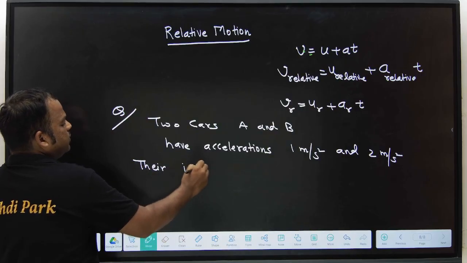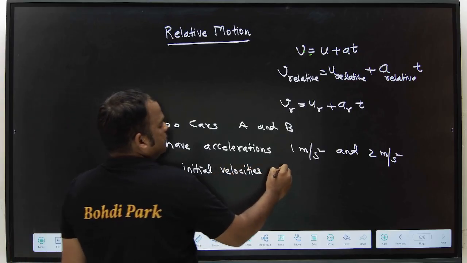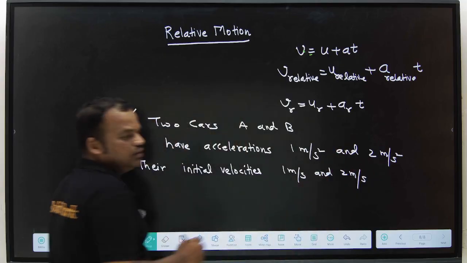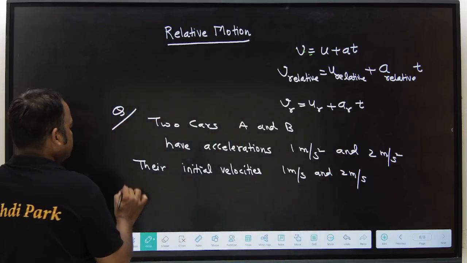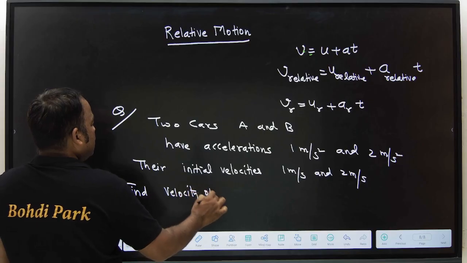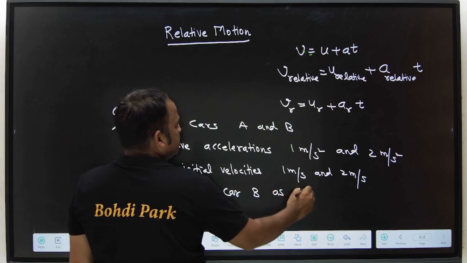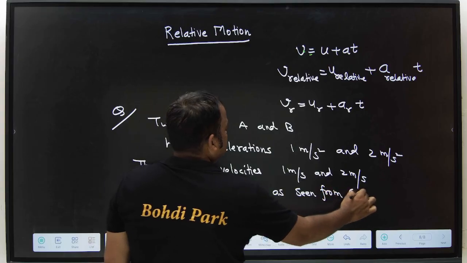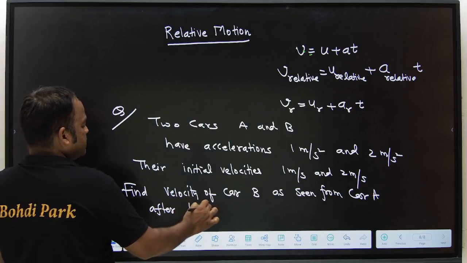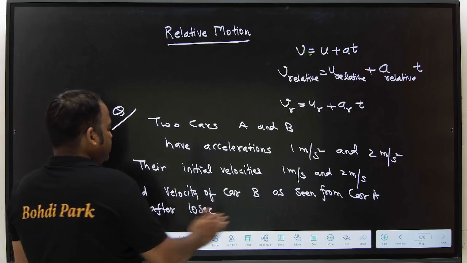Their initial velocities are 1 meter per second and 2 meter per second. And the question is, find velocity of car B as seen from car A after 10 seconds. What is the velocity of car B as seen from car A after 10 seconds?